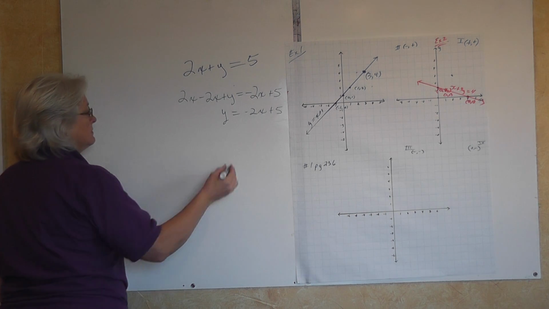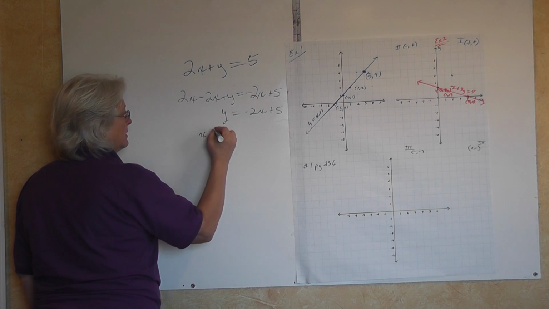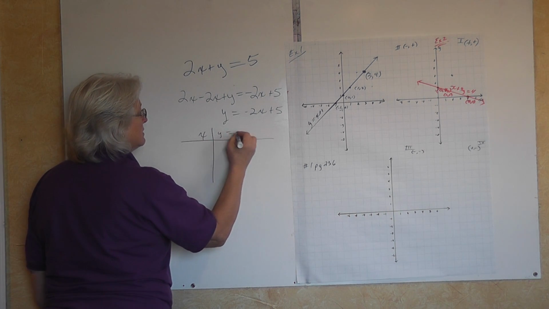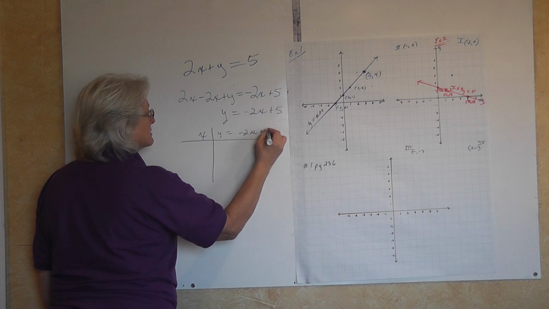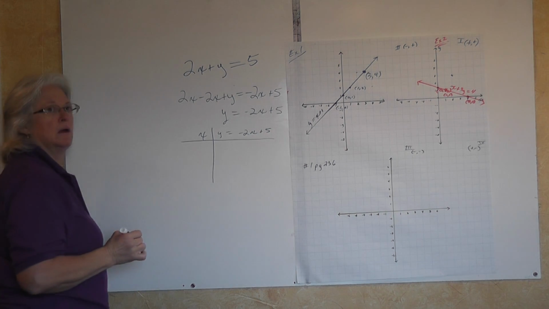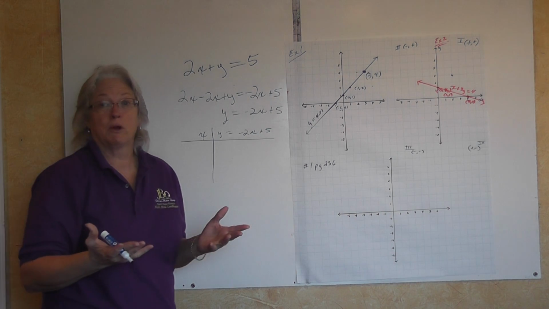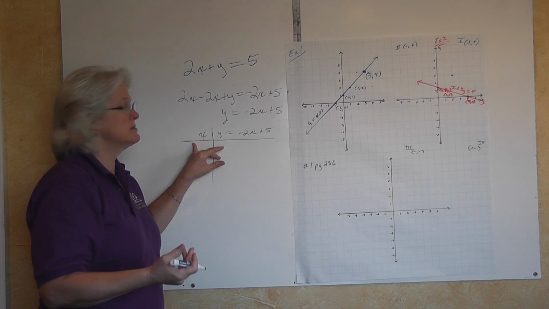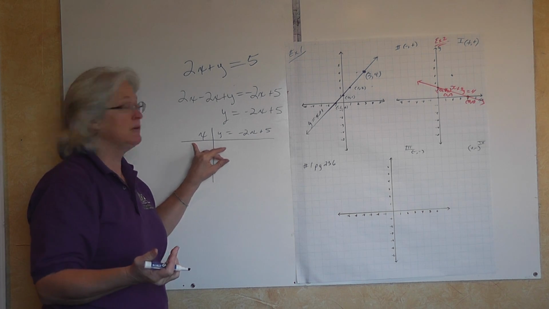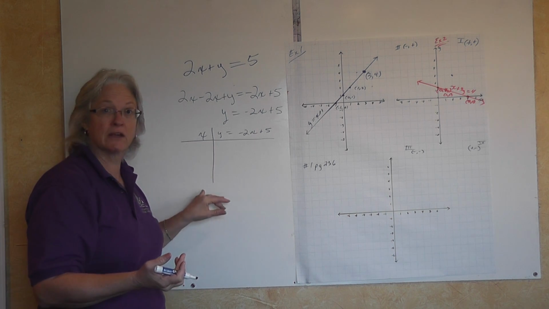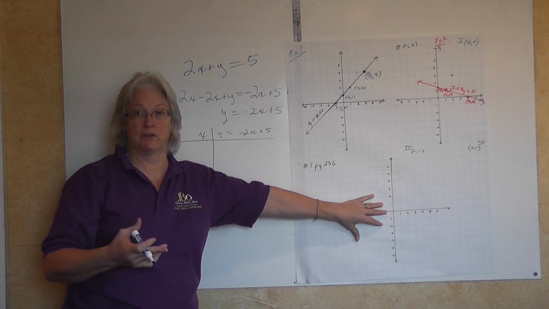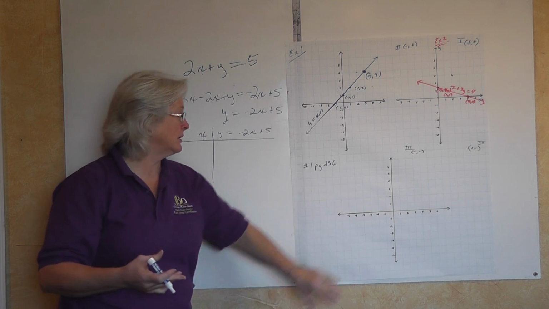Now what we need to do is create a table of ordered pairs, and y is equal to negative 2x plus 5. Once again, I want to be pretty wise. I don't want to pick 7/22 and minus 300 as possible values for x. Even though those would give us a value for y, it's not going to help us graphing it on this little piece of the plane right here.